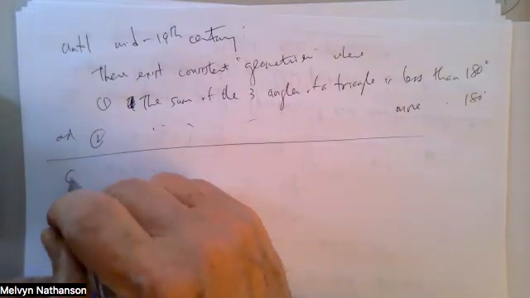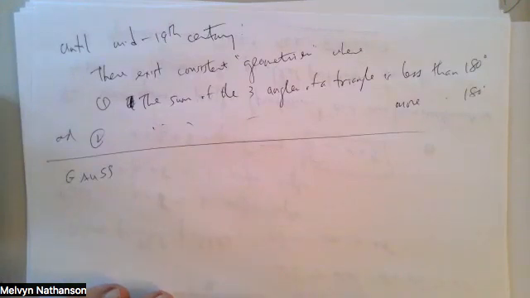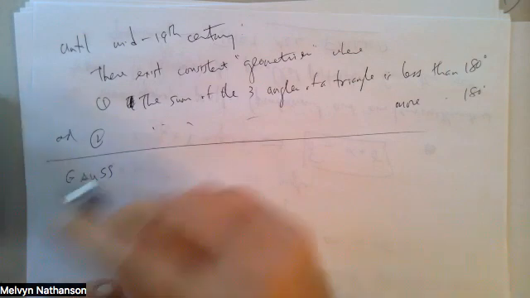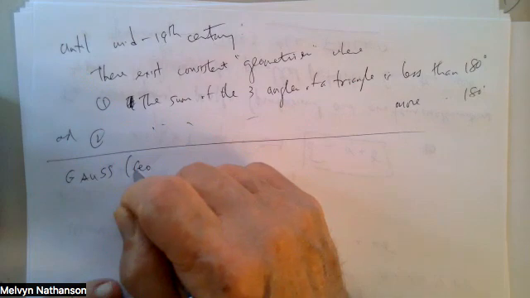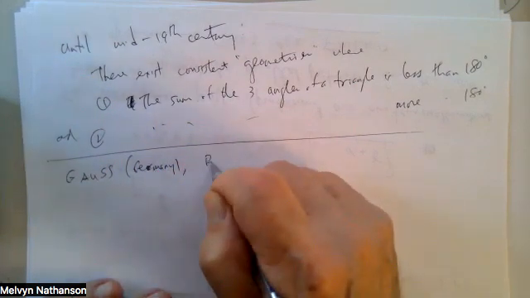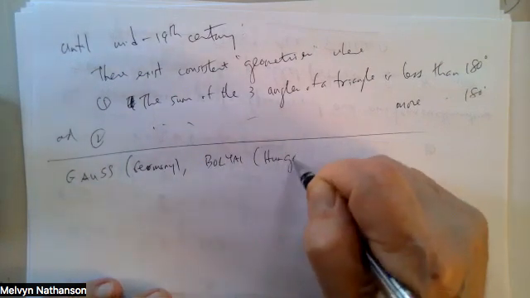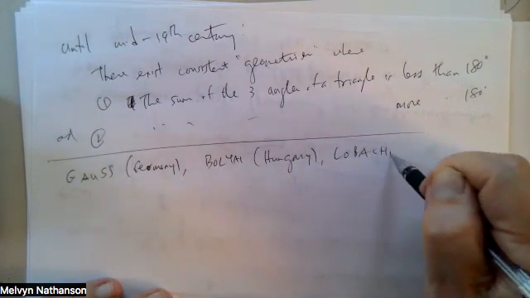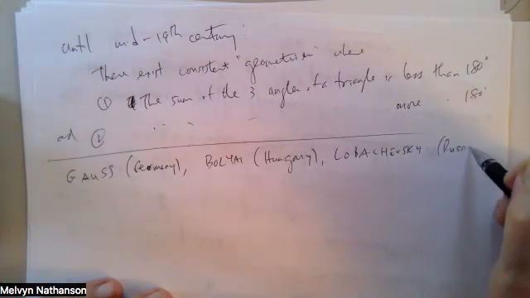The names associated now, and it's one of these strange things. Independently, at roughly the same time, three different mathematicians proved this. There is the mathematician Gauss, who worked in what we would today call Germany, a mathematician Bolyai, who worked in Hungary, and a mathematician Lobachevsky, who worked in Russia.